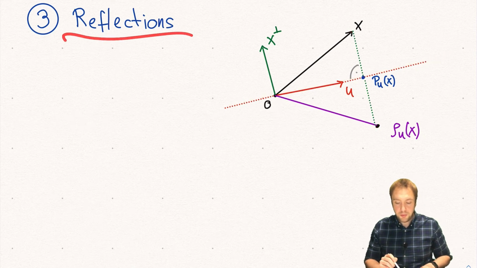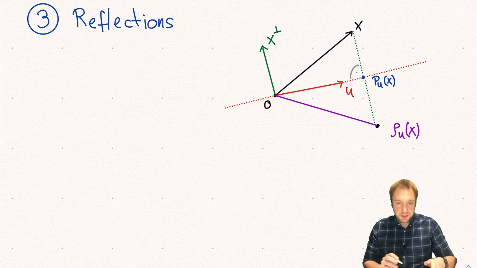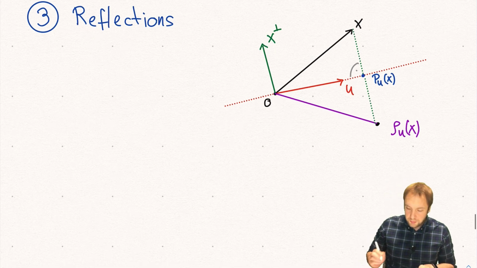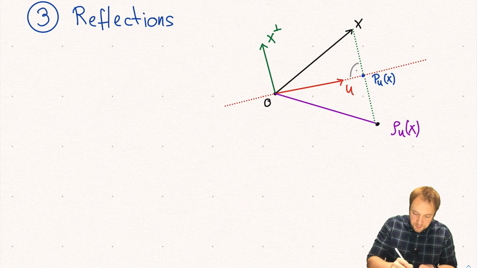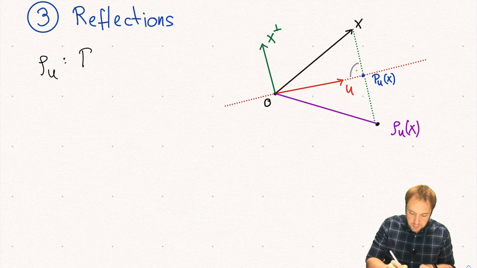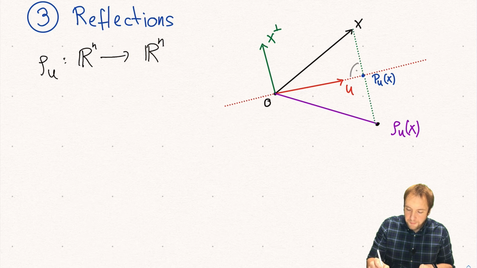And this is what we call reflection here. So we want to define rho, Greek letter rho. Rho u is now a map from R^n to R^n.